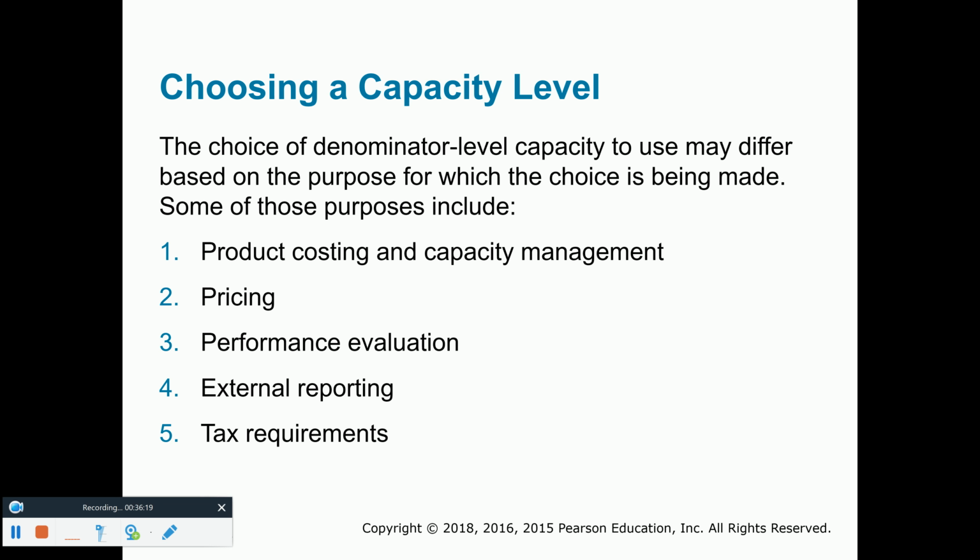External reporting typically being the key factor here, at least for me, being an accountant and looking at financial statement prep. But this is something that we would need to take a closer look at. And what is our purpose? Is our purpose product costing? Is our purpose capacity management, pricing, performance evaluation, external reporting, tax requirements?